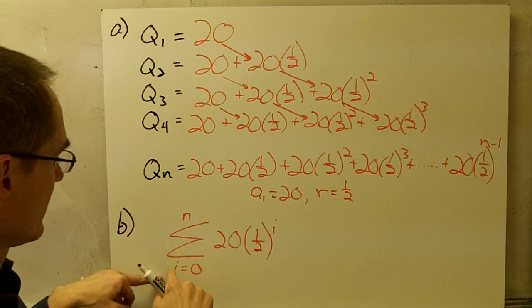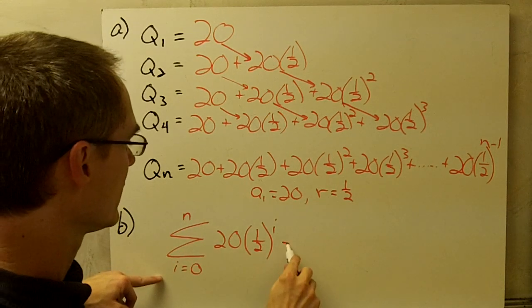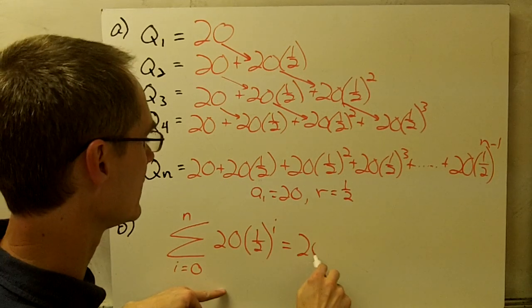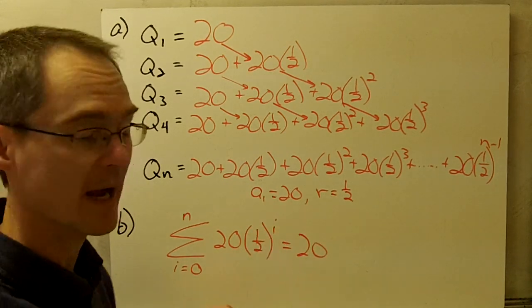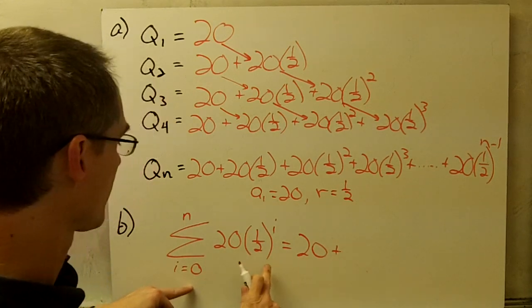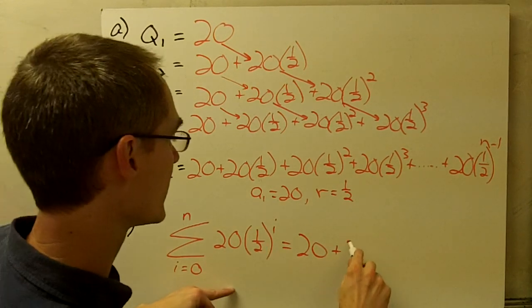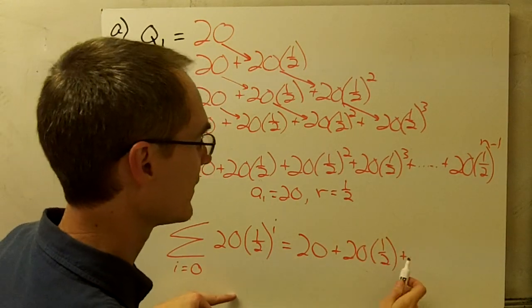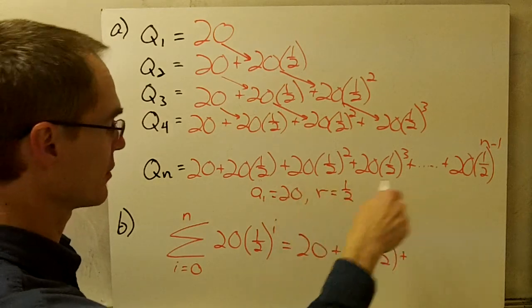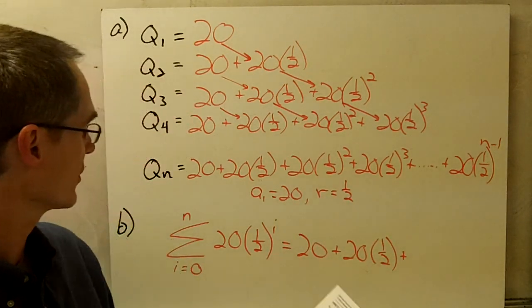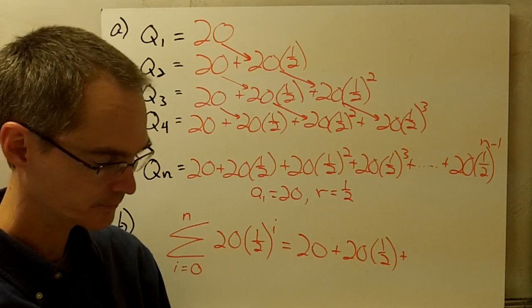So if I were to expand this out, I would start with i equals 0. That would give me 20 times 1/2 to the 0 power, which is 1. So that would be my 0th term. And then I'd let i equal 1, and that would give me 20 times 1/2 to the first power, and then I'd get 20 times 1/2 to the second power, and so on. So this is my series expressed using sigma notation.